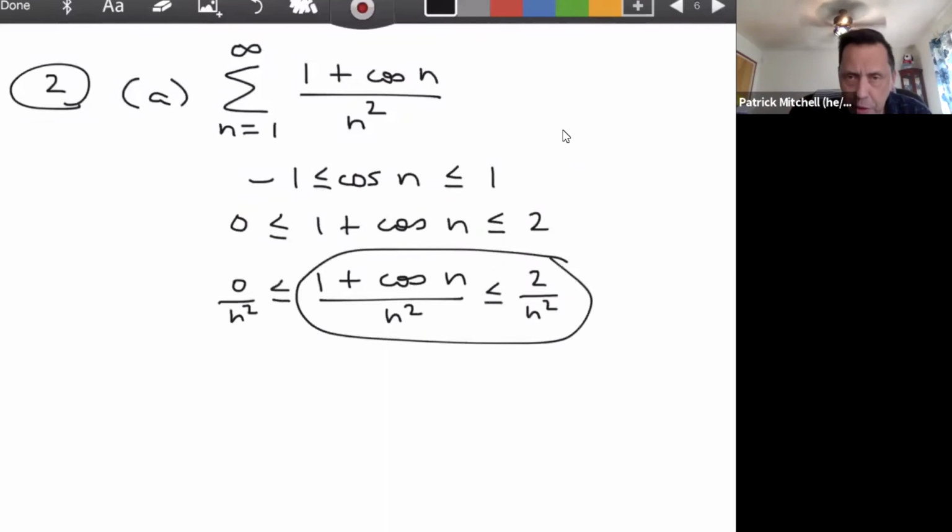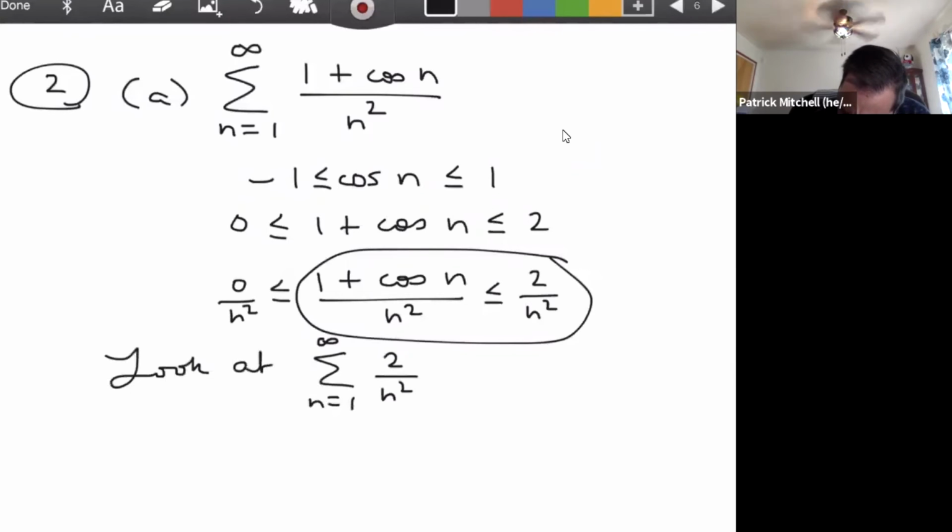All right, so let's look at 2 over n squared. So we'll just say, look at the sum n going from 1 to infinity, 2 over n squared, which is equal to 2 times the series 1 over n squared. All right.